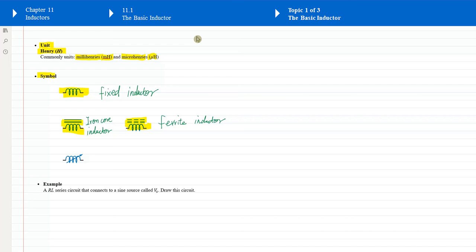The ferrite inductor is mainly used to reduce noise, such as when you have a cable connected to the outlet, and perhaps there's a round thing here. This connects to, let's say, a laptop. Here, most likely, it has a ferrite inductor.